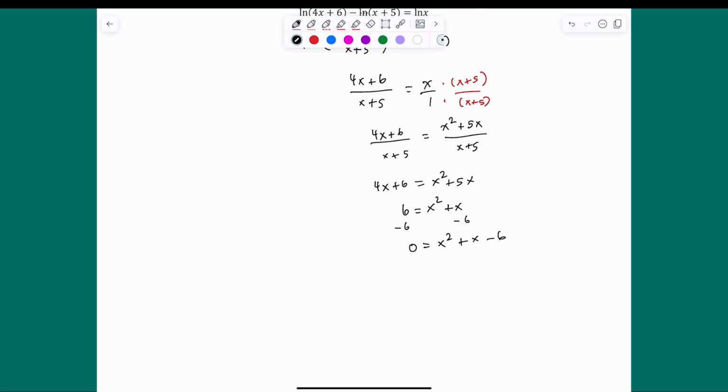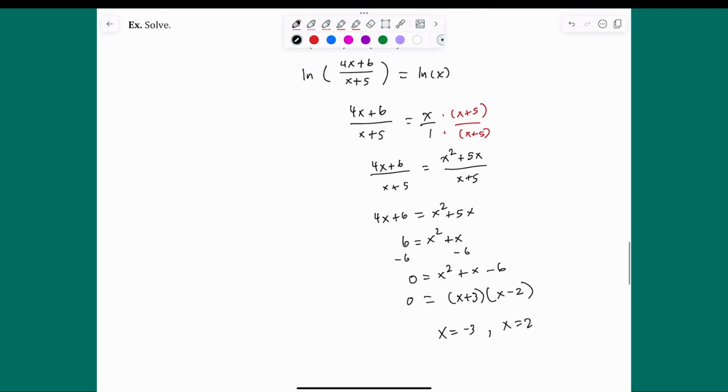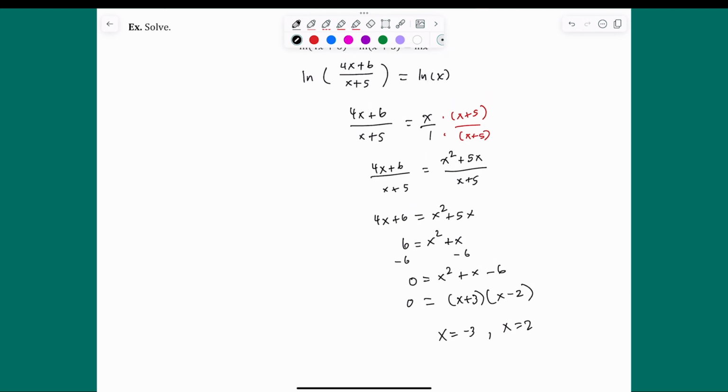And this is quadratic, so this would factor as x plus 3 times x minus 2. And the solutions for that equation, when we use the zero factor property, would give us solutions of x equals -3 and x equals 2. And we have to really examine this closely. -3 here is not going to work.